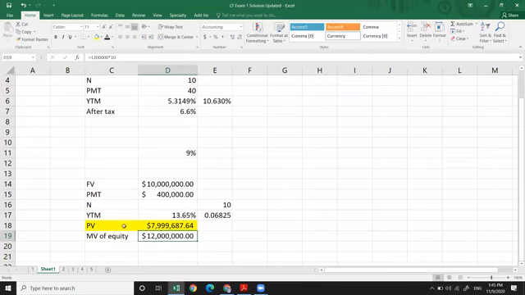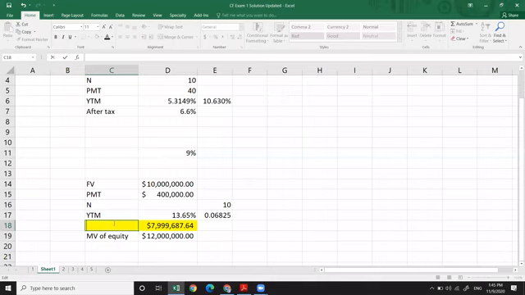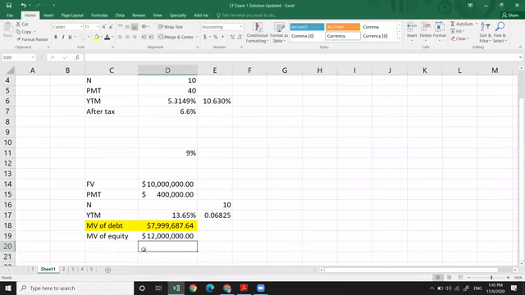And this is the present value of debt, or we can call it market value of debt, and market value of equity. The total value is the total asset, this plus this.